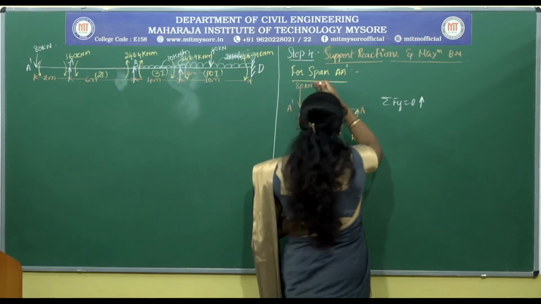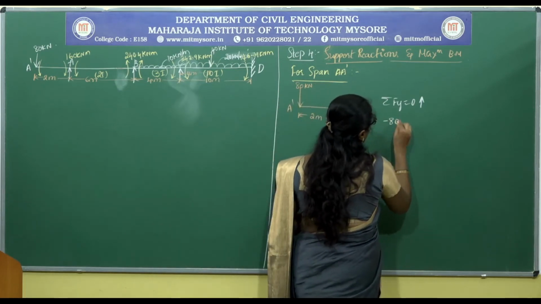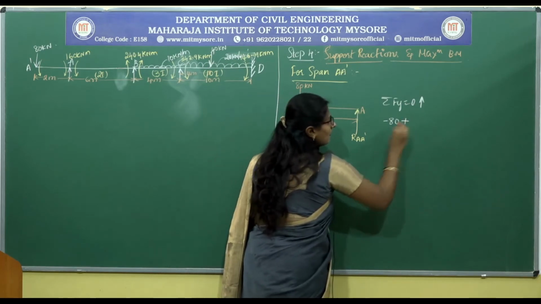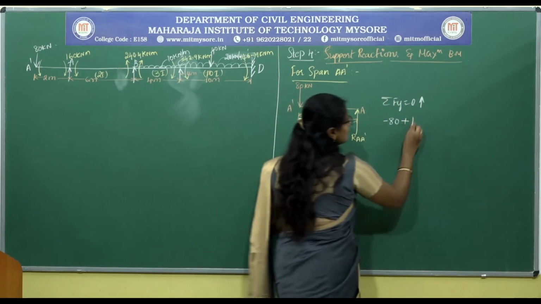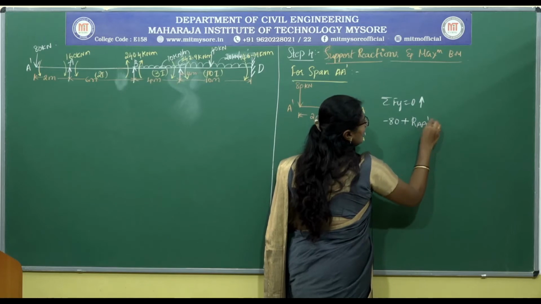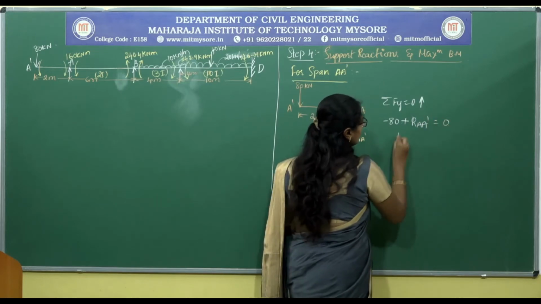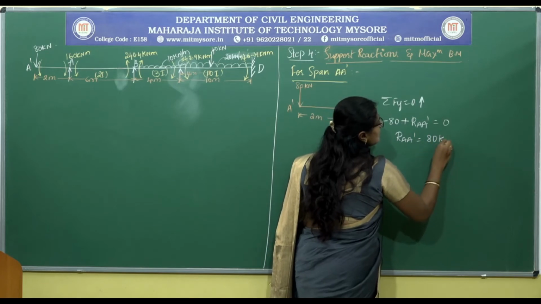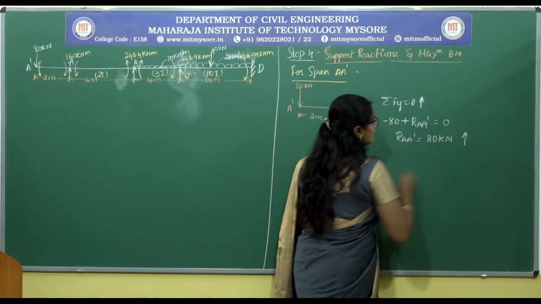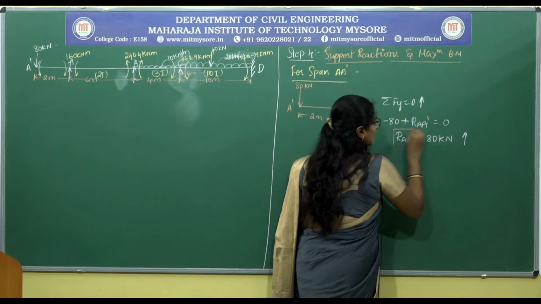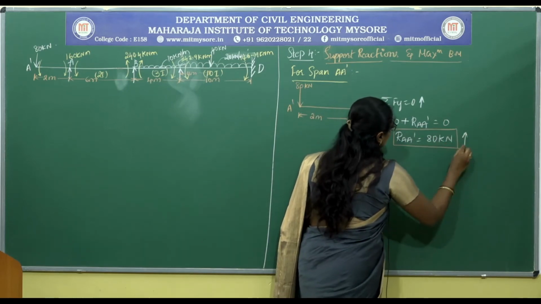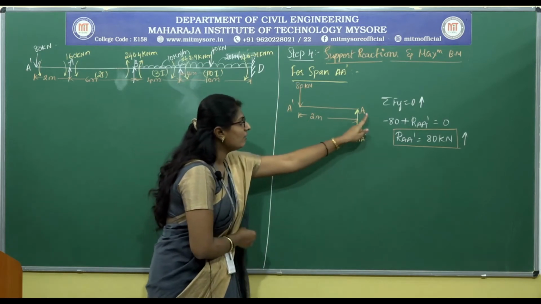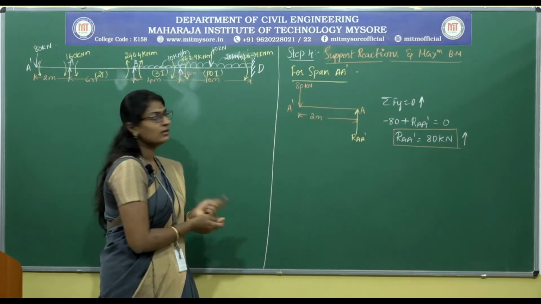Since the load of 80 kilonewton is acting downwards, I take it as negative: minus 80 plus RAA dash is equal to 0. Then RAA dash is equal to plus 80 kilonewton. Since it is positive, I consider the direction as upwards. So this is the reaction at A for span AA dash.